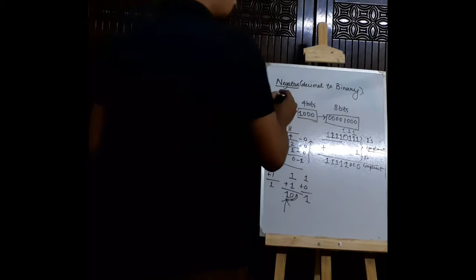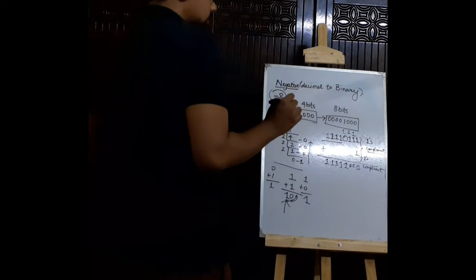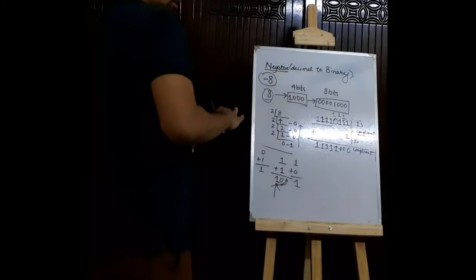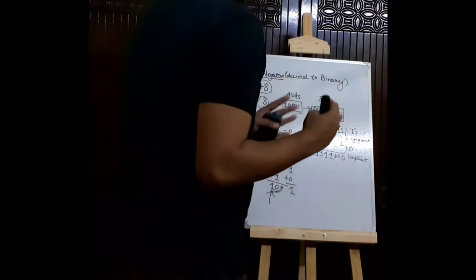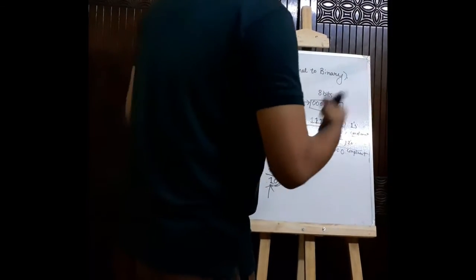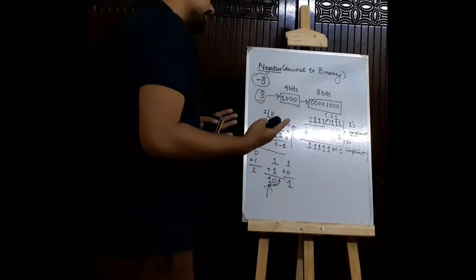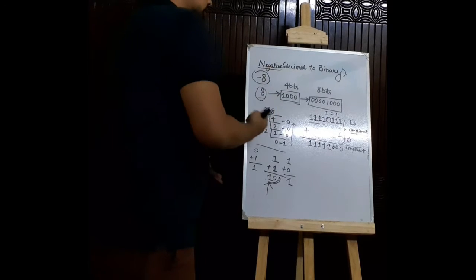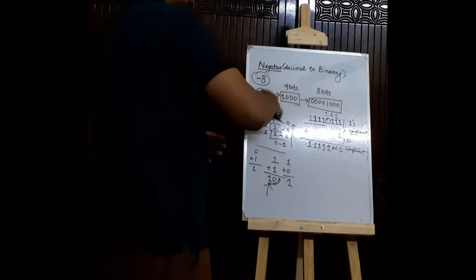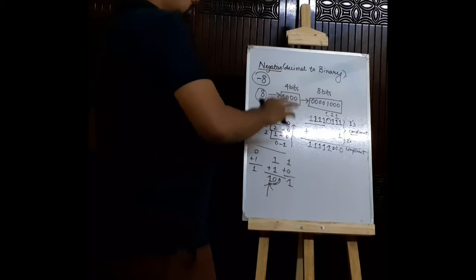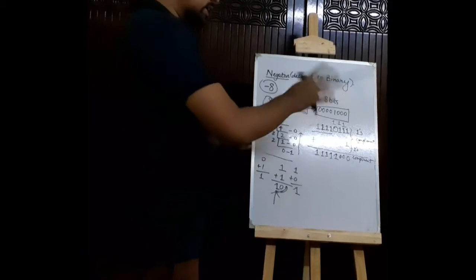We started off with -8. We tried to discard the minus. We didn't take it while solving in the first place. We thought that it's only 8, not -8. So we converted this 8 to its corresponding binary value of 4 bits. Then we converted that 4 bits into 8 bits by adding zeros.